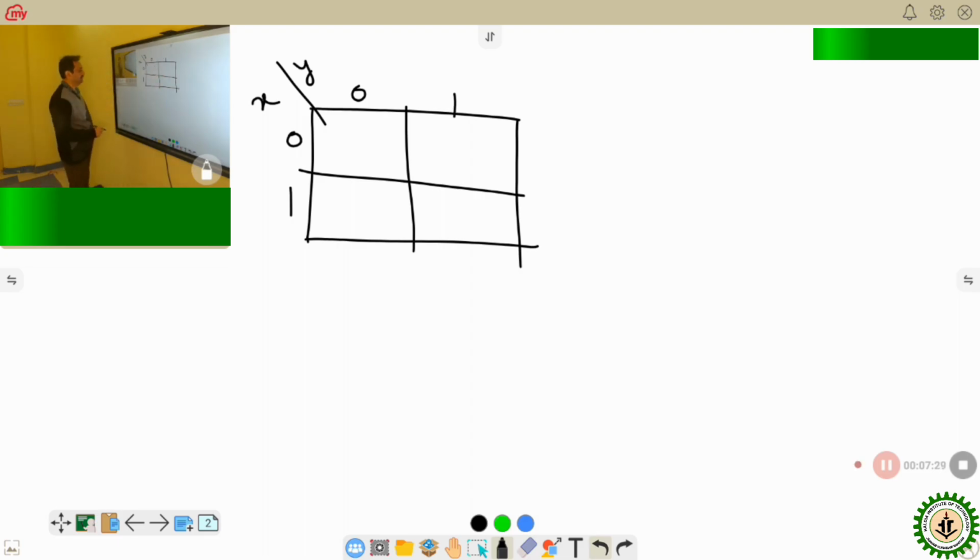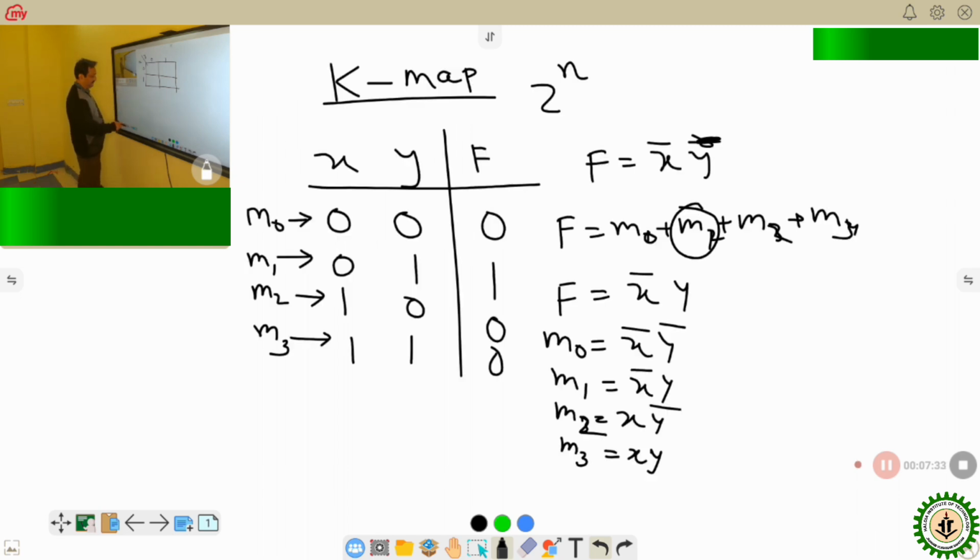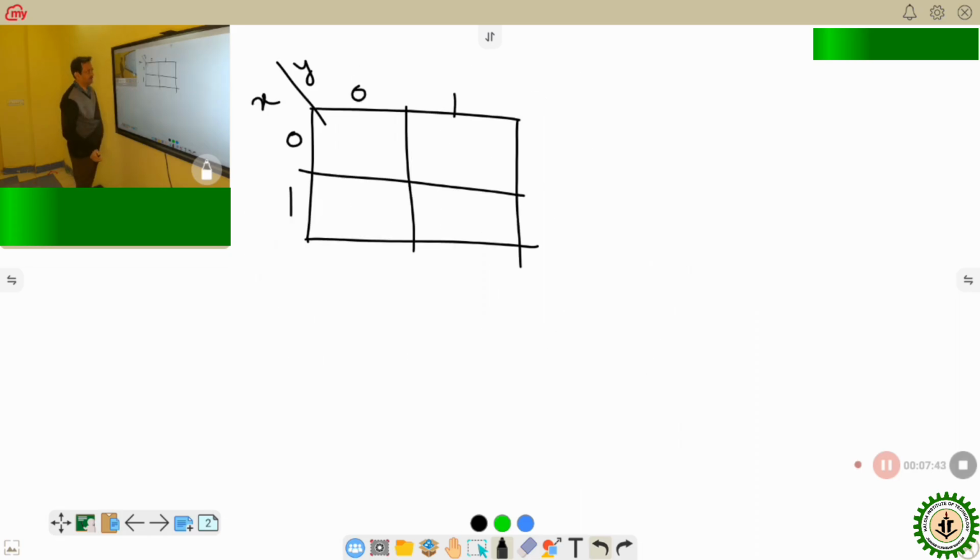Now, if I consider the previous expression, only the M1 value is 1 and the rest of M0, M2 and M3 values are 0. So that is why we just add it directly. So this position is M0, this one is M1, this is M2, and this one is M3.